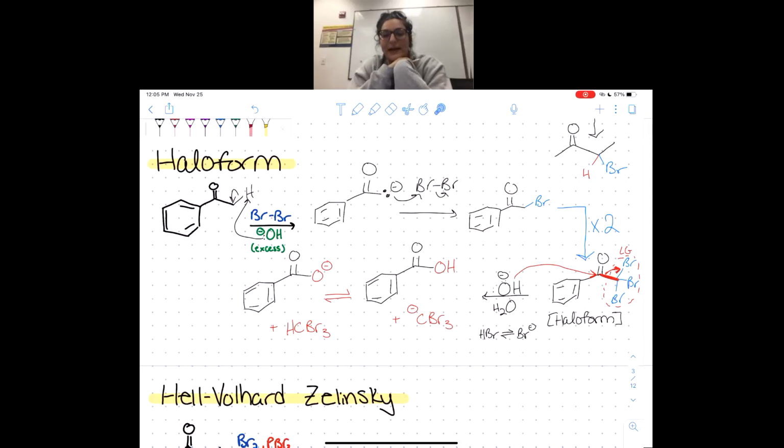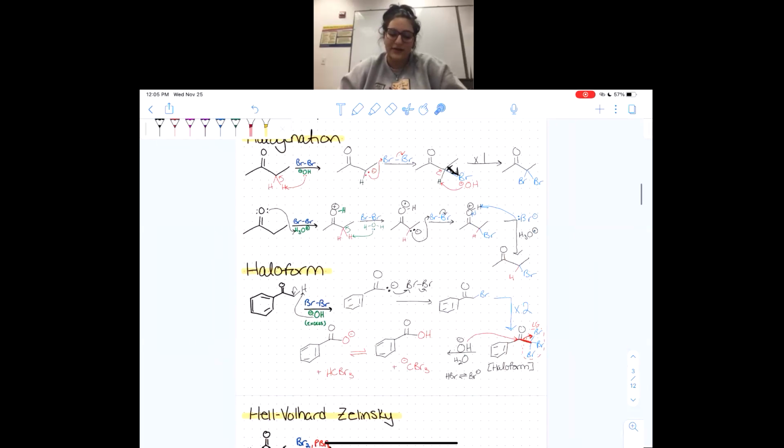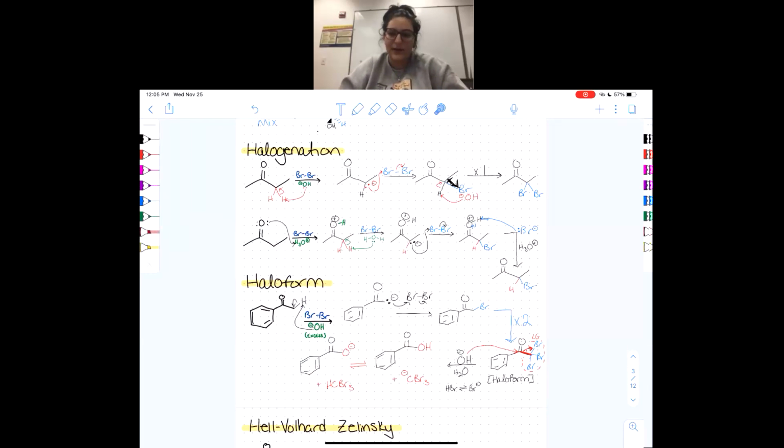Someone said, what about acid catalyzed? Wonderful question. If we had this with an acid catalyst, we would stop here. The haloform reaction will only happen when we have 3 alpha hydrogens on one side and a base catalyst. I'm actually really glad you brought that up. We have our halogenation, which is kind of a big umbrella.